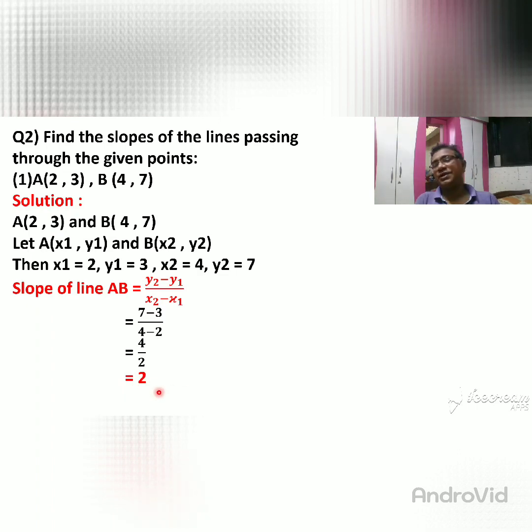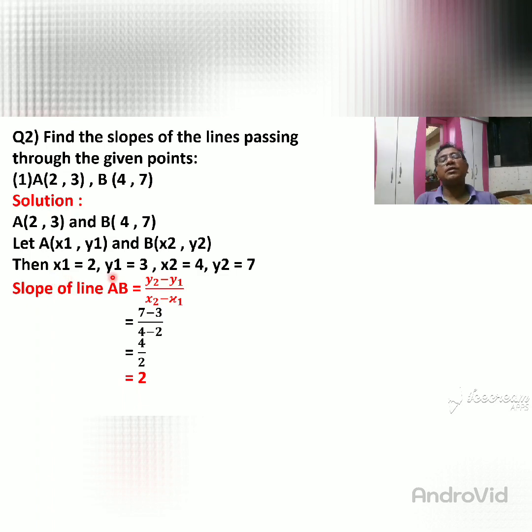It is very easy and simple to find the slope, because we are only given 2 points. We name the coordinates x1, y1 and x2, y2. So x1 is 2, y1 is 3, x2 is 4, y2 is 7.